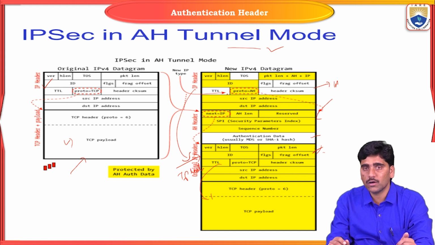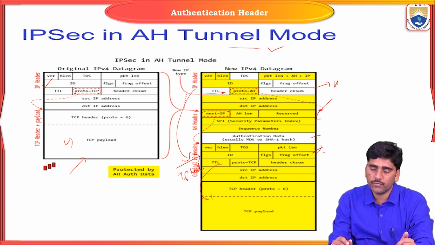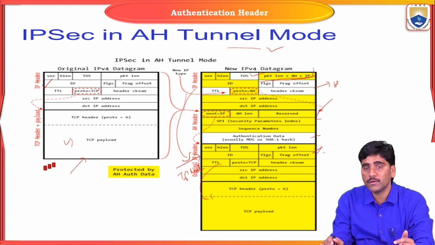Here you can see all the fields: version of the header, header length, type of service, packet length plus authentication header plus IP header, ID of the packet, flags, flag offset, time to live, protocol, which indicates the next one, that is protocol equals authentication header, header checksum, source IP address, destination IP address. These are the fields contained in the IP security service.